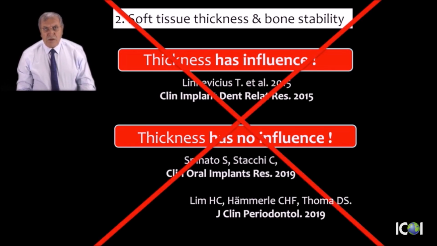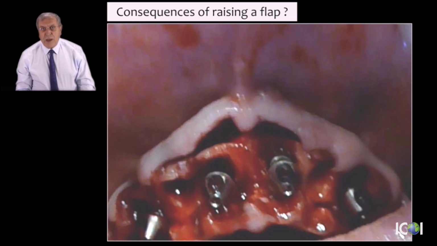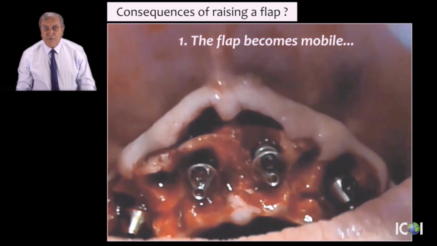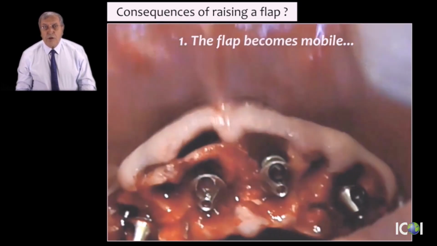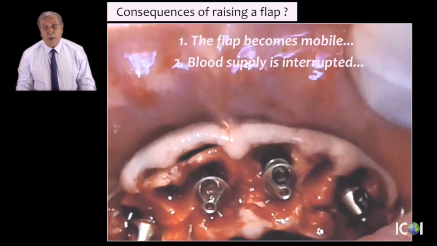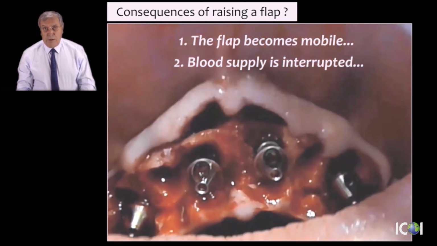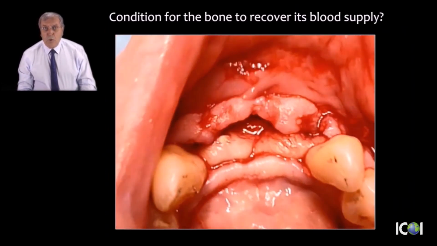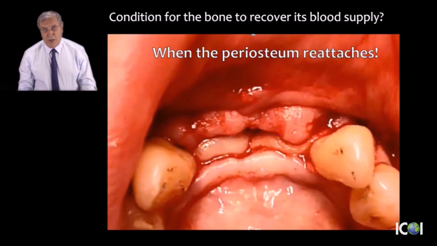Finally, what is the issue when we raise a flap? There is only one issue. The flap becomes mobile. And when the flap is mobile, the blood supply to the bone is interrupted. Then the question is when this blood supply will come back, when the bone will recover the blood supply. Only when the periosteum is reattached.